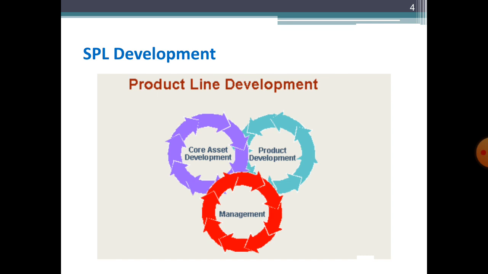Also, students, if the core asset that exists in the product line does not match the quality requirement of the product under development, the core asset may be enhanced or modified by the organization to achieve the quality requirements. So the first step was core asset development. After that, we create different products or systems from these core assets.